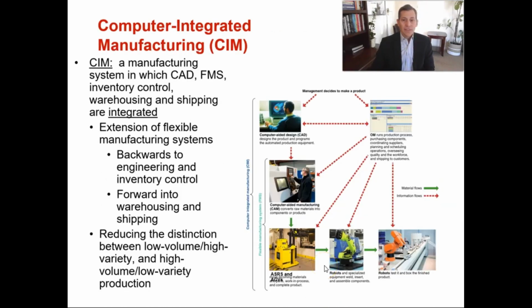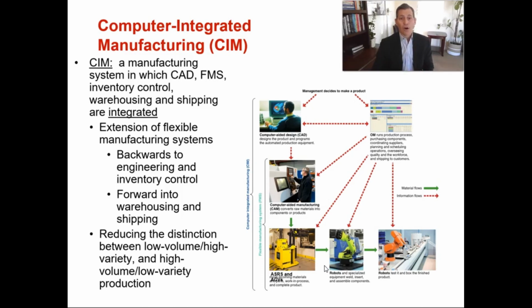Okay, and then the last production technology we'll talk about is computer integrated manufacturing, or CIM. This really takes a whole bunch of production technology and combines them all together: AutoCAD or computer-aided design, computer-aided manufacturing, which is CAM, those automated storage and retrieval systems and automated guided vehicles.